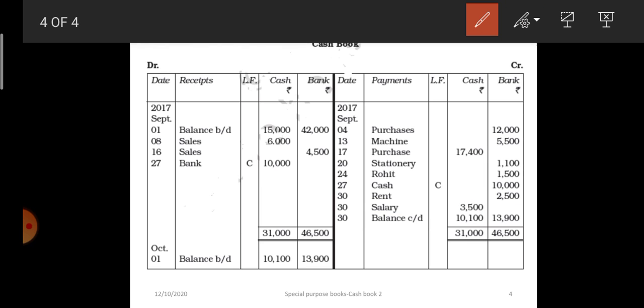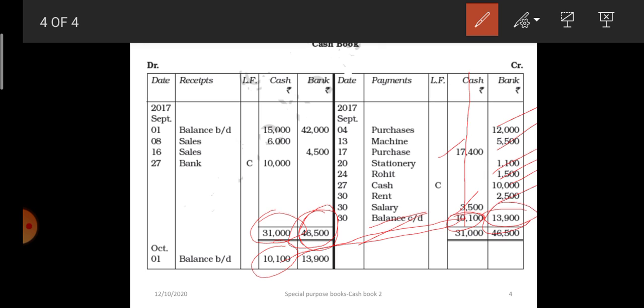Now we have to find out the balances. The cash column total is 31,000. From that, when we deduct 17,400 and 3,500, we get a balance of 10,100 rupees, which will be carried down. Similarly, the total of the bank column is 46,500. From that we deduct 12,000, 5,500, 1,100, 1,500, 10,000 and 2,500.